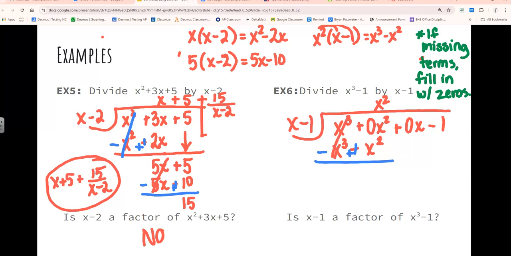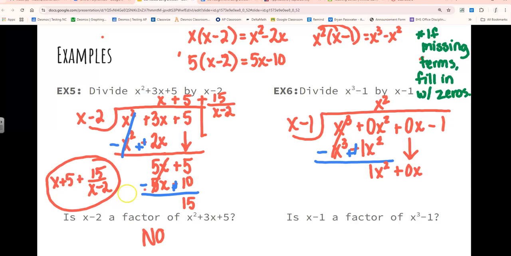And then I got to do 0x squared plus x squared. That's like having 1x squared. What am I going to get there? Just 1x squared. You can write the 1 if you want, but you don't have to. What do I do after I subtract? Bring down. So bring down your 0x.